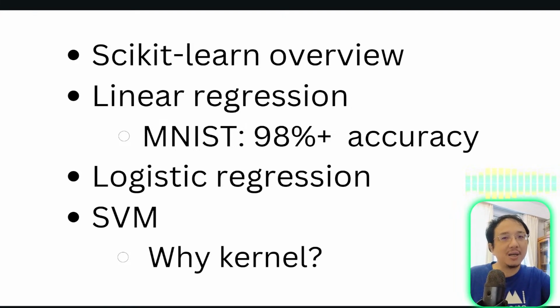Support vector machine is another machine learning algorithm, typically for both classification and regression. We are only going to cover the classification part. As an example, we show how to apply SVM to the MNIST problem, and it can actually get 98% accuracy with ease.